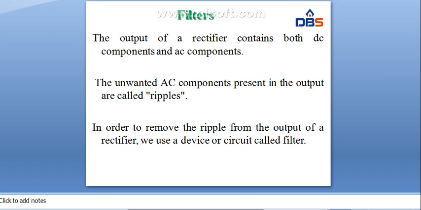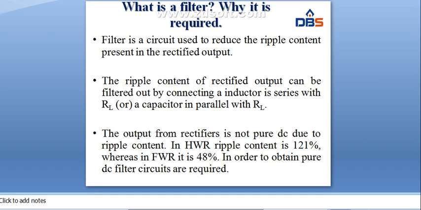To remove the ripples from the output of a rectifier, we use a device or circuit called a filter. A filter is a circuit that is used to reduce the ripple content present in the rectified output.